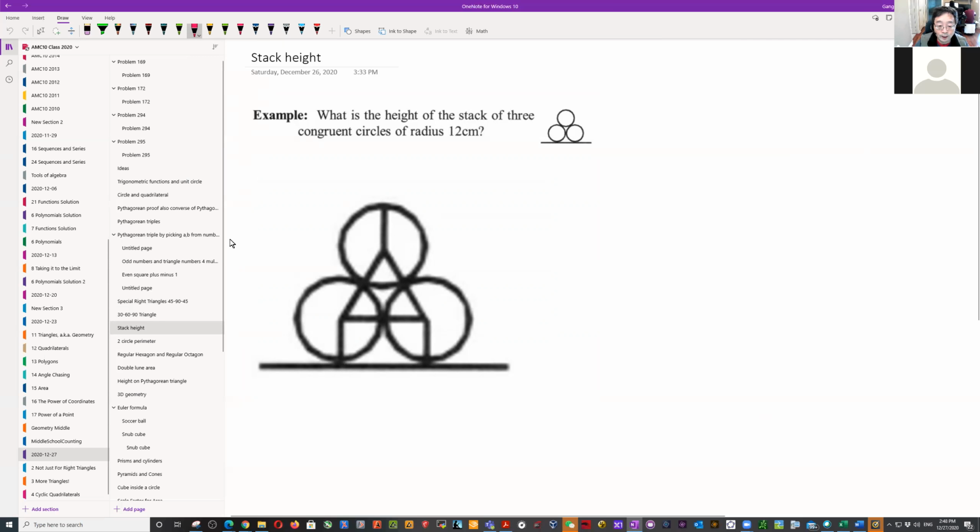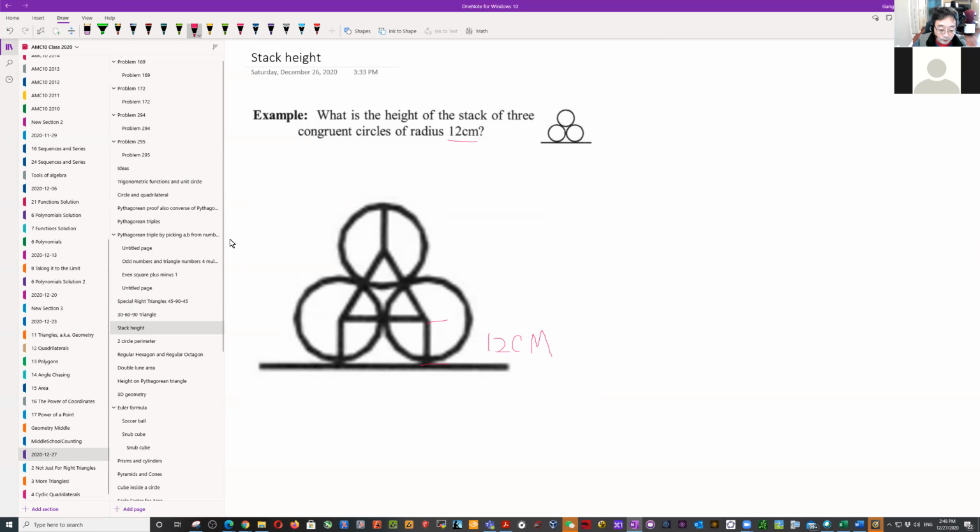This is the stack height of congruent circles of radius 12. The radius of each is 12 cm. When you stack three, like three pipes of equal size, you're trying to figure out the stack height.